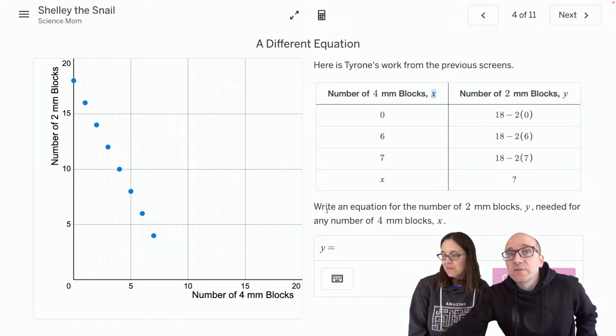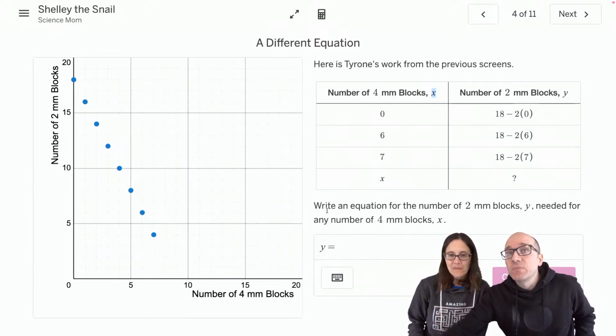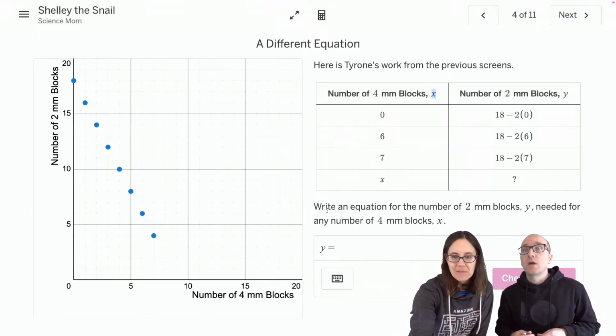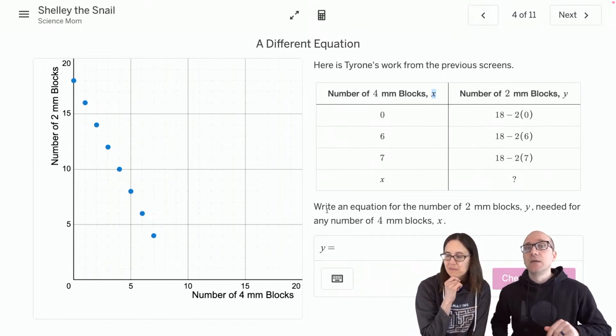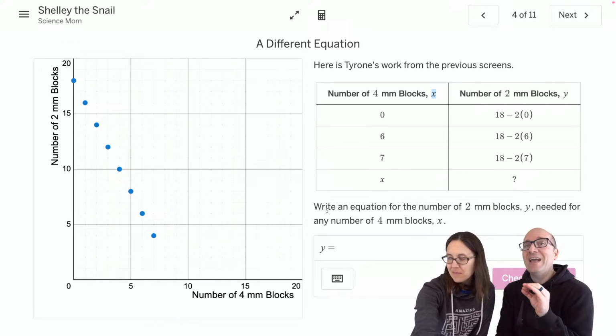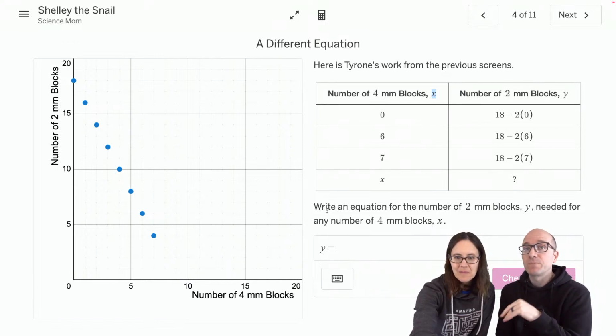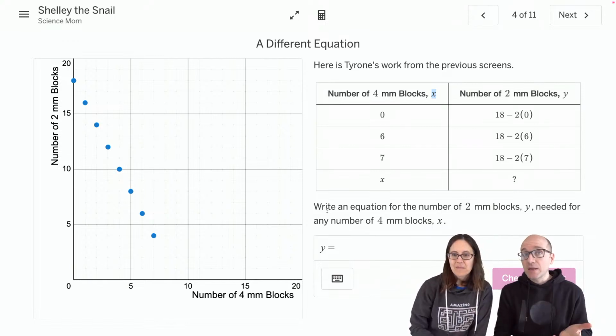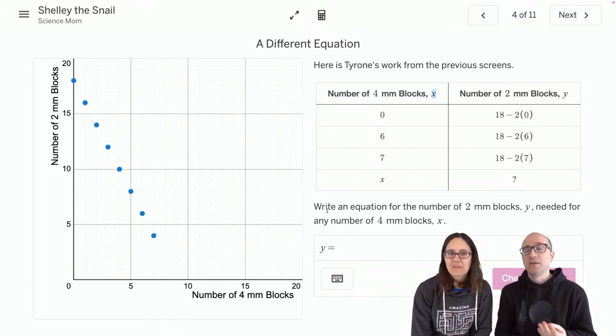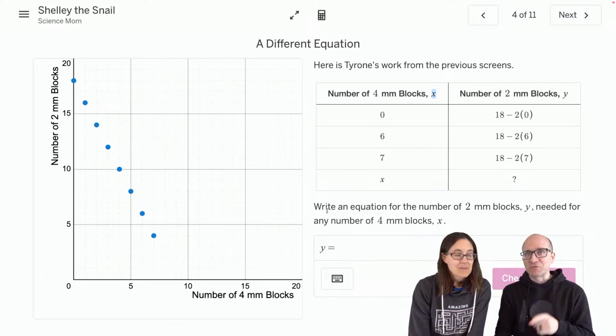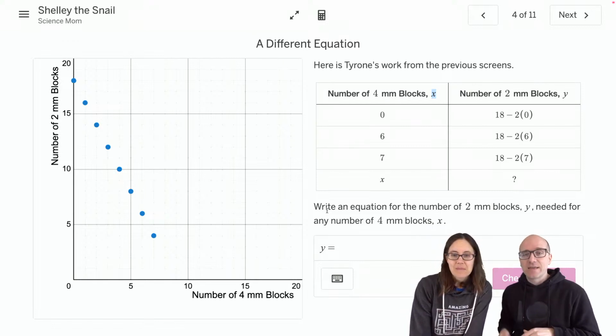And the challenge on this screen is to write out an equation for the number of 2mm blocks Y needed for any number of 4mm blocks X. They start us off with Y equals, but we have to figure out what equation would actually work. There had better be an X in the expression that we write. It'll be Y equals something, but it's going to depend on the number of 4mm blocks. So it won't be like Y equals 7. There's got to be some X in that expression.